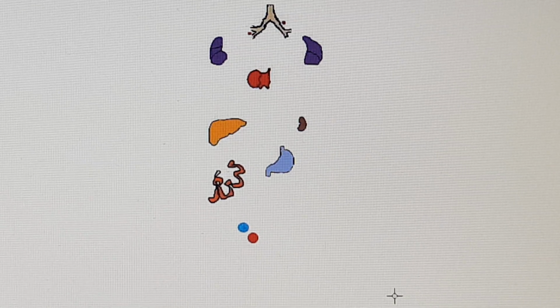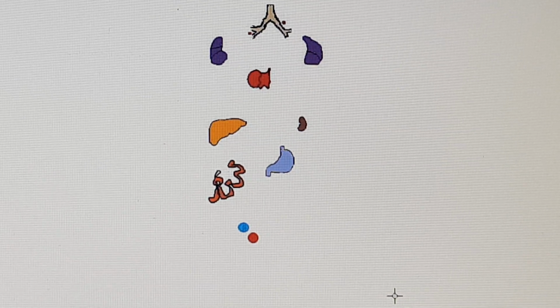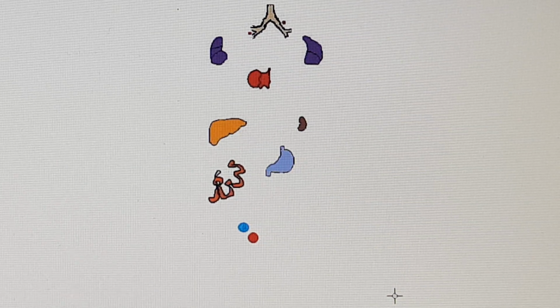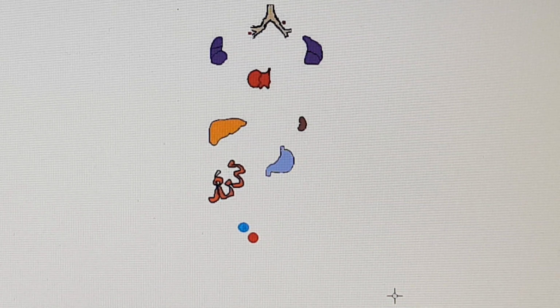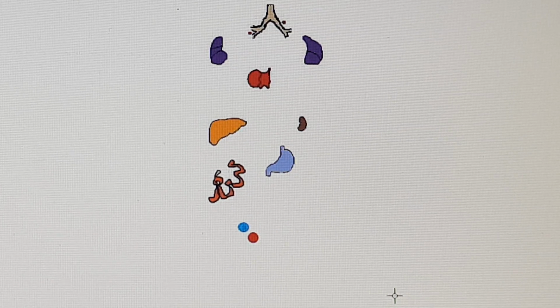First, I will show to you what is normal anatomy in a normal fetus with respect to certain viscera and vessels and cardiac structures which can go wrong in heterotaxy syndromes.